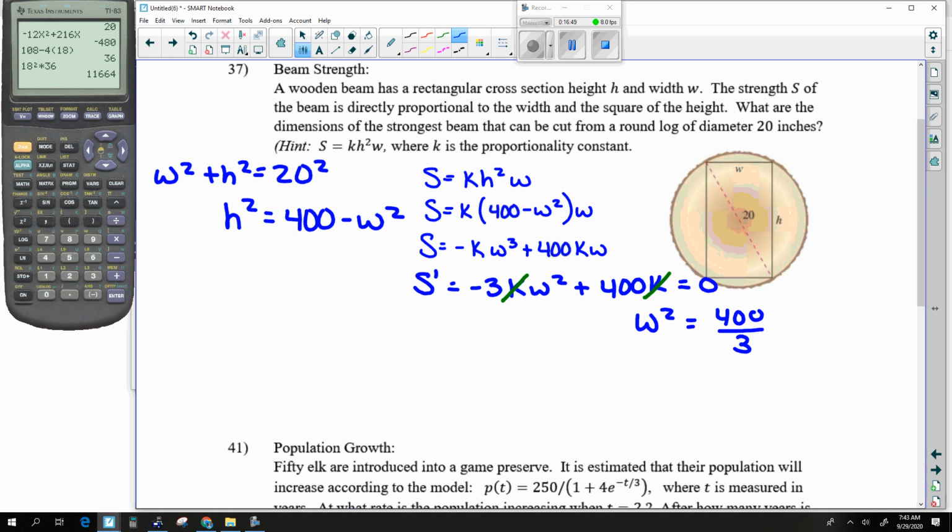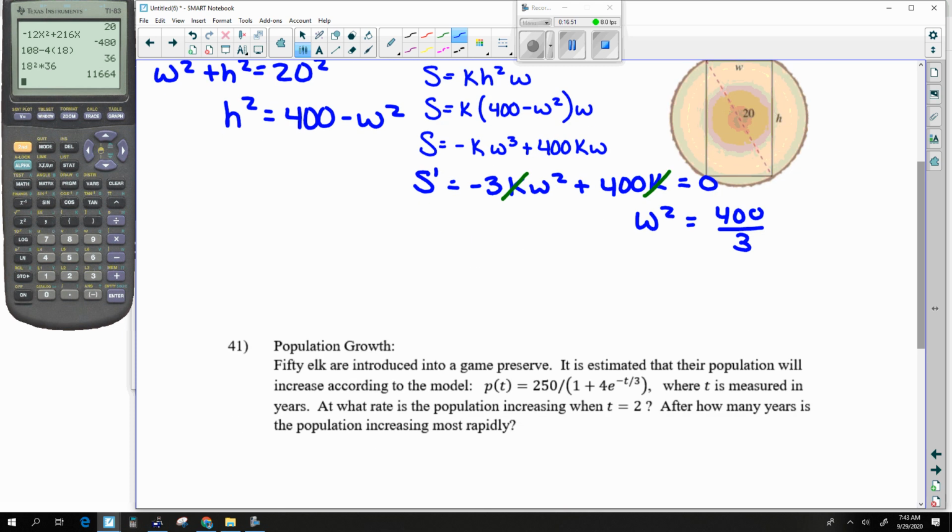And so w is just equal to the square root, what is it? 20 over root 3. I'm just going to leave it like that for right now and get a rough idea what that number is. So this is approximately 11.5470.